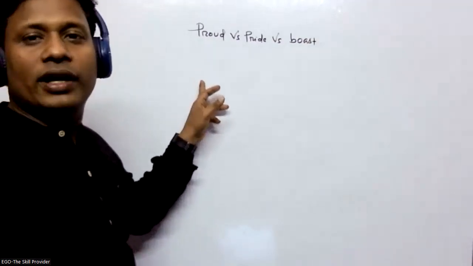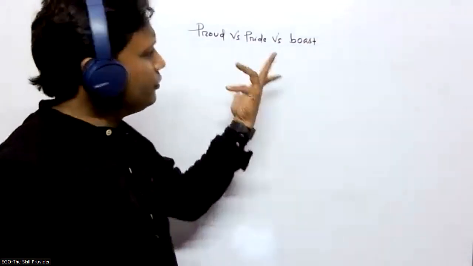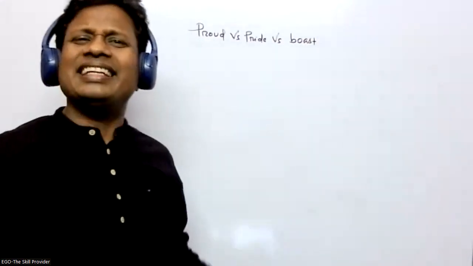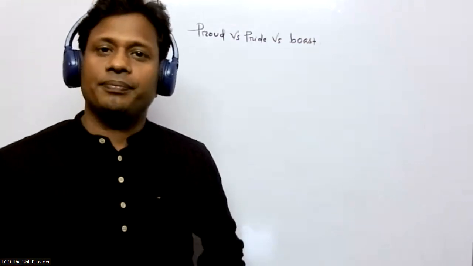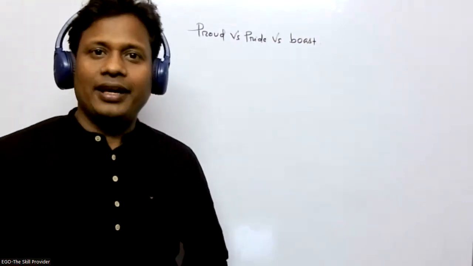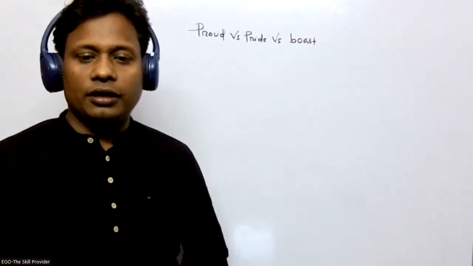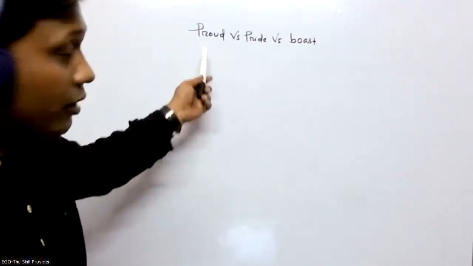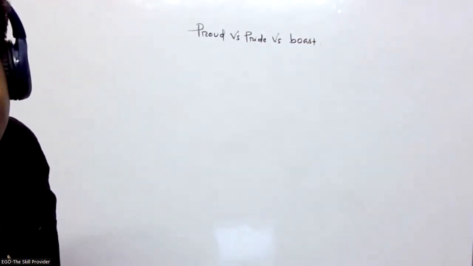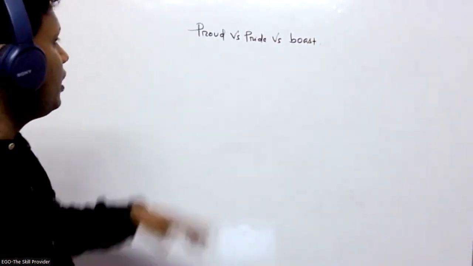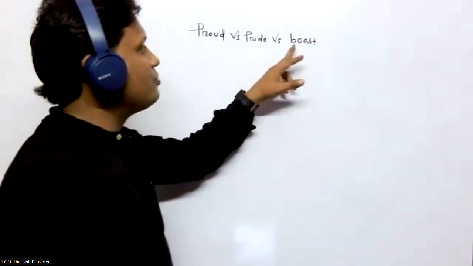Check out the Odia word, gorbo. But how exactly can they be used in different sentences? Like I said can, could, and I'm able to, but what is more important is proud, pride, boast.